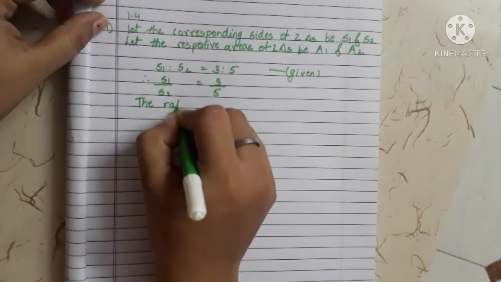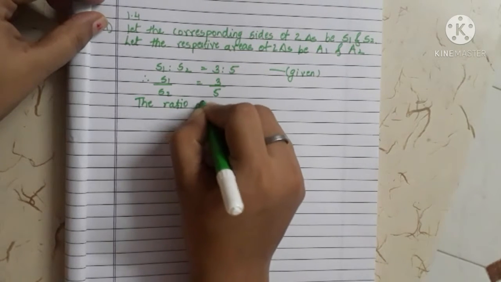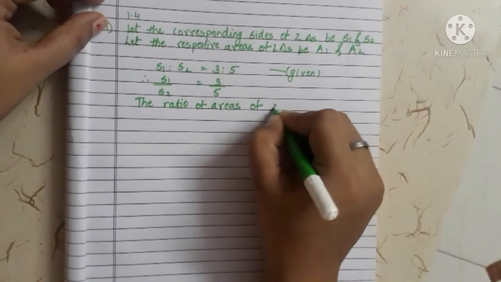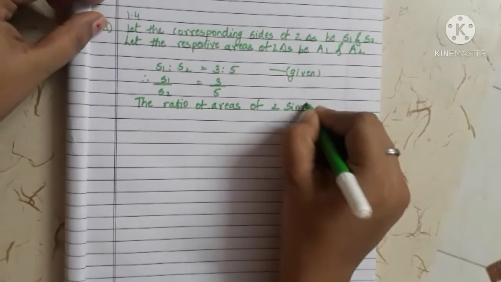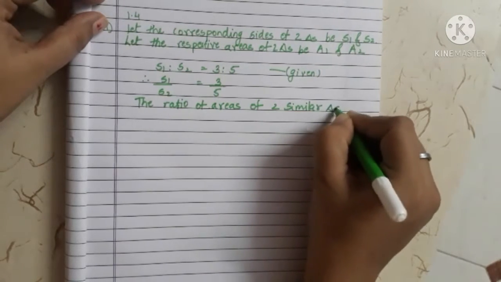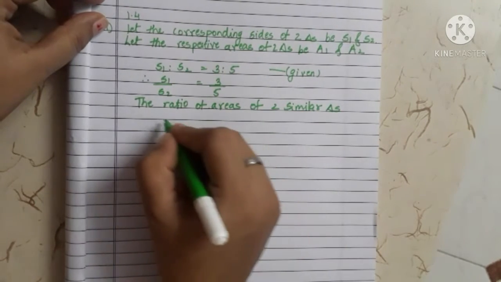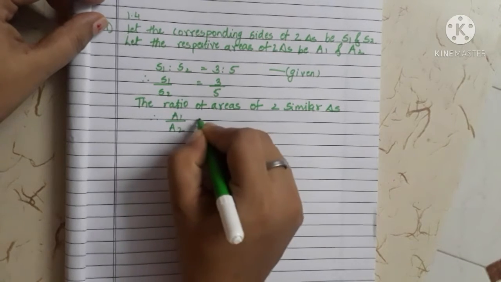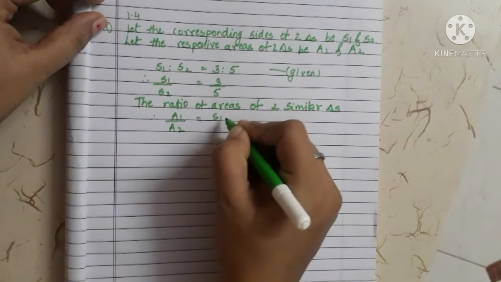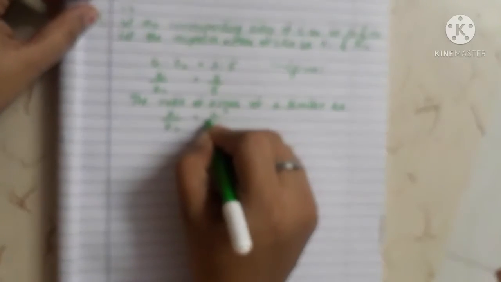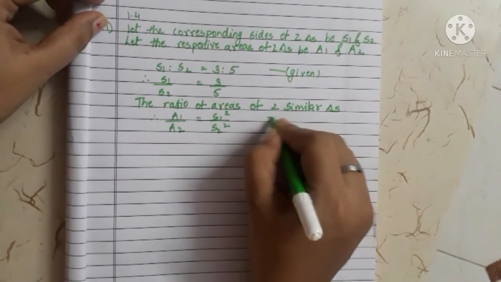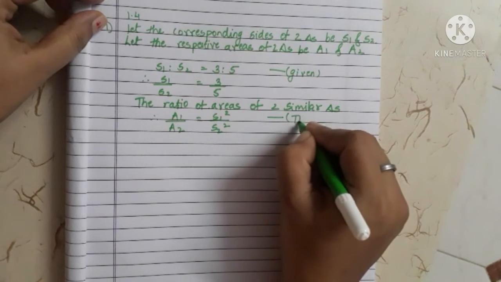The ratio of areas of two similar triangles. Therefore, A1 upon A2 is equal to S1 square upon S2 square. Okay. What is the reason, children?